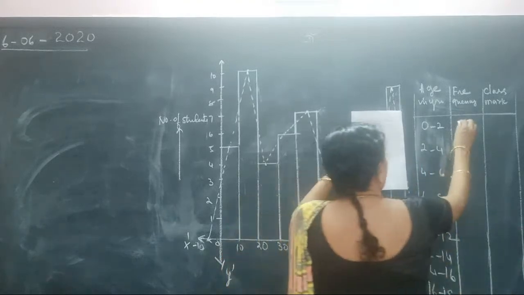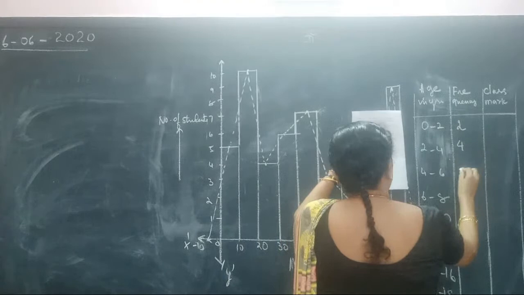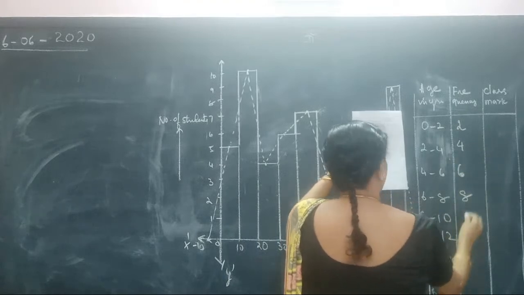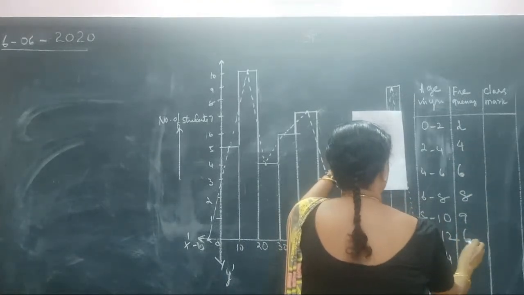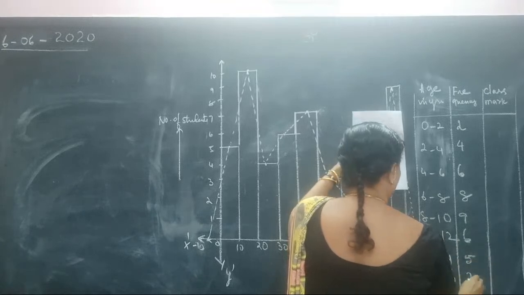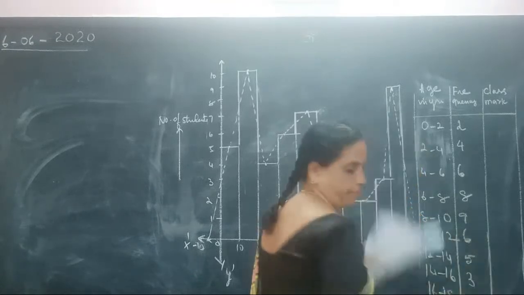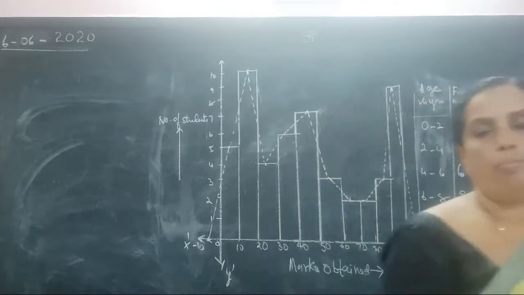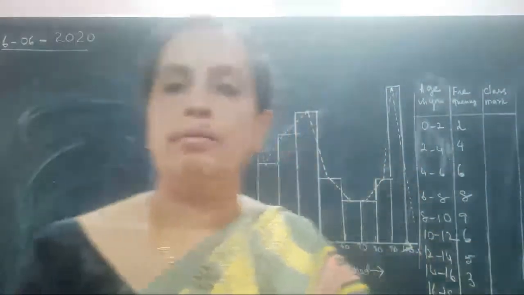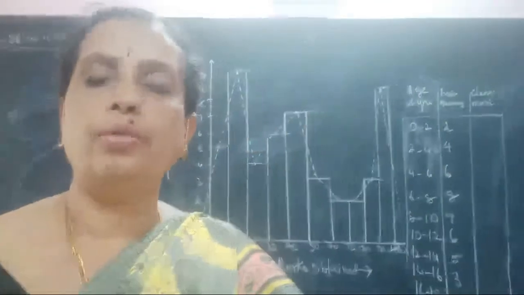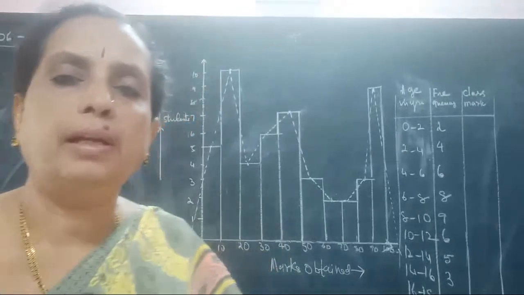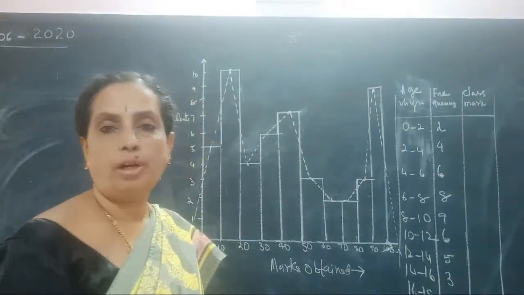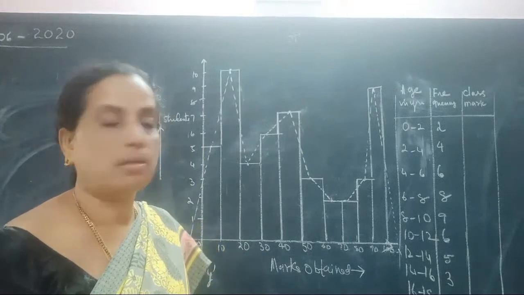Corresponding frequency 2, 4, 6, 8, 9, 6, 5, 3, 1. Since the question is to plot it using a frequency polygon without using a histogram, we require one more column, that is class mark.